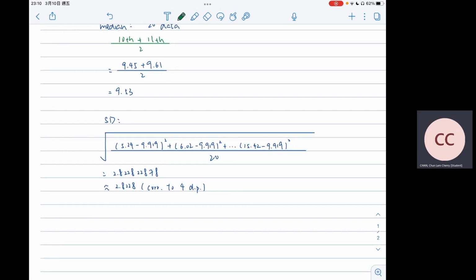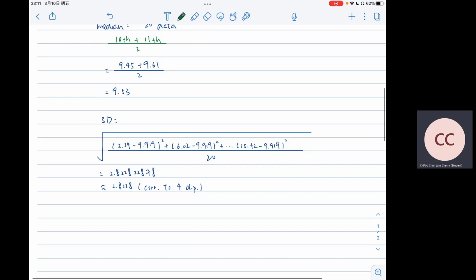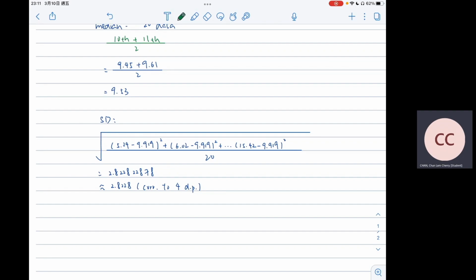For the standard deviation, the first step is using each data minus the mean, and then we take the square. Like the first number, 5.24, minus the mean, 9.919, and then we take the square. The second data, 6.02 minus 9.919, and take the square. We add up all till the last data, 15.42 minus 9.919, and take the square.